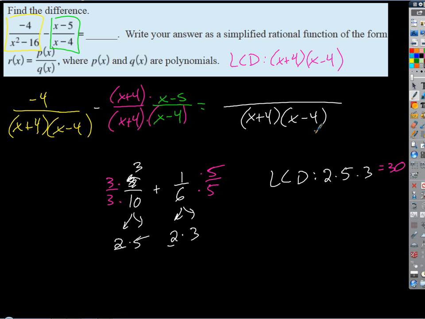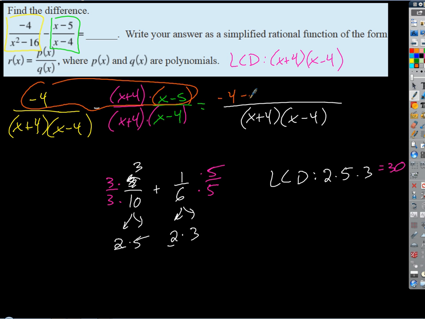And then when we add or subtract fractions, we just add or subtract the numerators, right? And we found our common denominator, and so then we would just have to take all this part right here and simplify that, right? What's that give us? Negative 4. If I were to expand this out and distribute the negative sign, you can do that in your head. You guys are smart. What's that going to be?